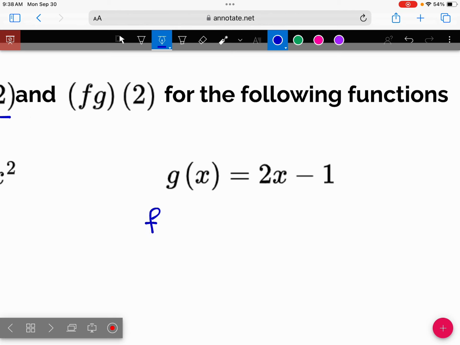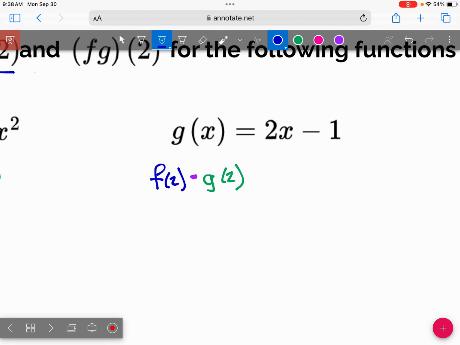This is f of 2 times g of 2. So what is f of 2? Negative 4. What is g of 2? Not negative 3. Just 3.